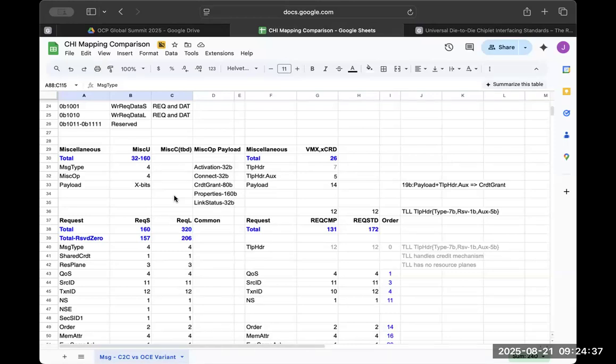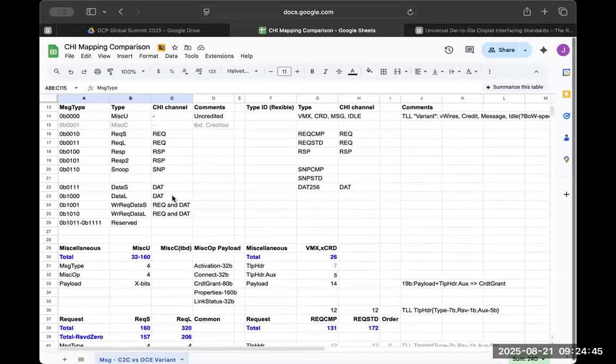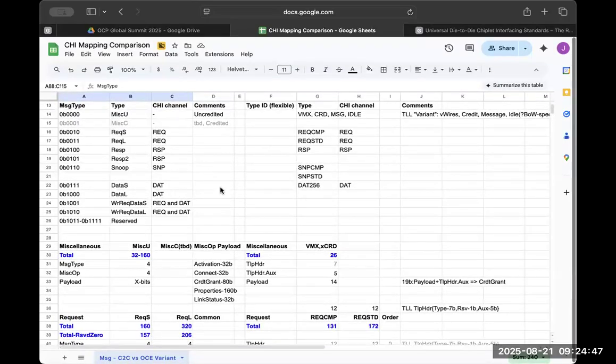Yeah, I need to go look at the C2C specs some more. Not sure what those packets do. And then I also tried to correlate the other messages to what we had. The one thing we have missing is a write request with data. Maybe we need to look at whether there's any value to that.